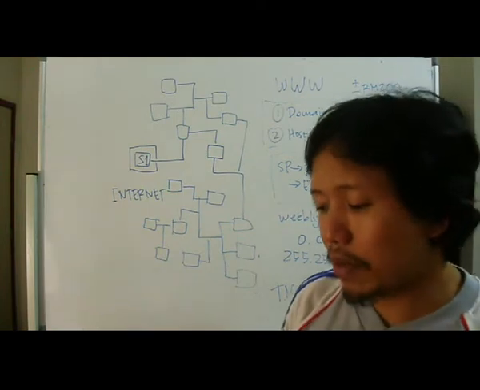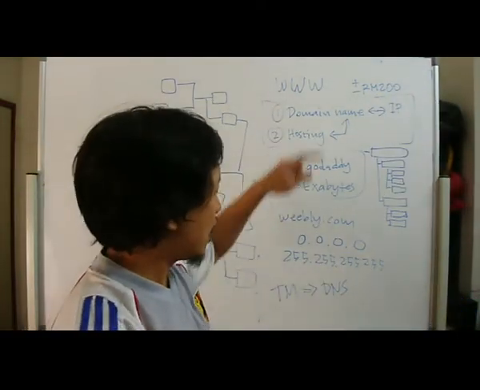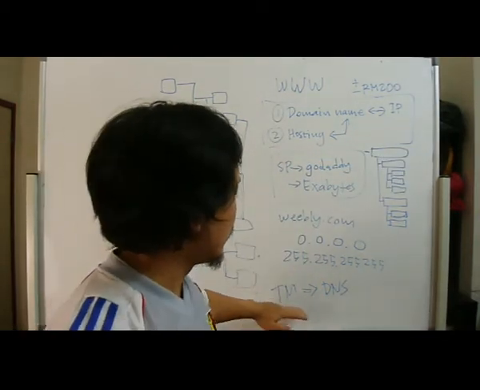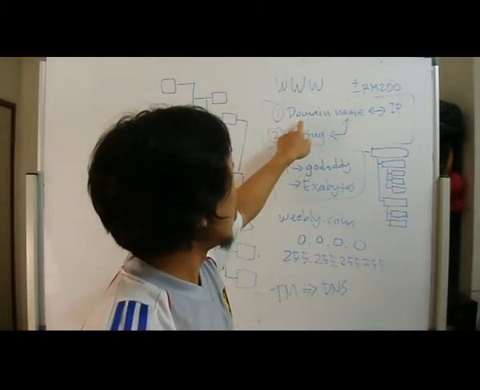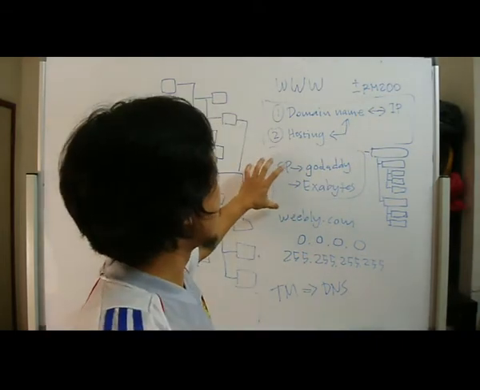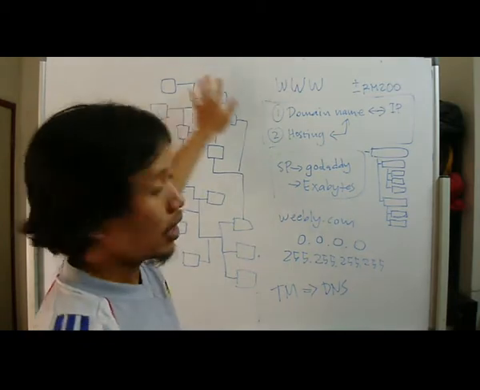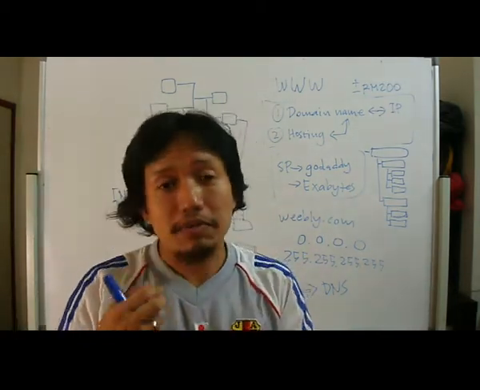So that is what happens when you go to a website. Basically, you type a domain name, it gets translated into an IP address, then your service provider can go and search for that particular computer inside a certain server provided by certain companies within the internet, right? So that is how you access a website.